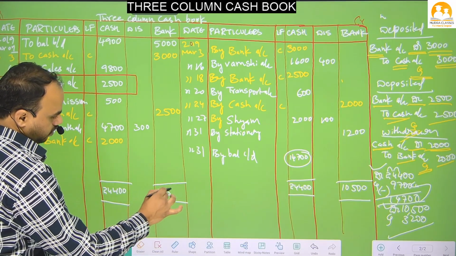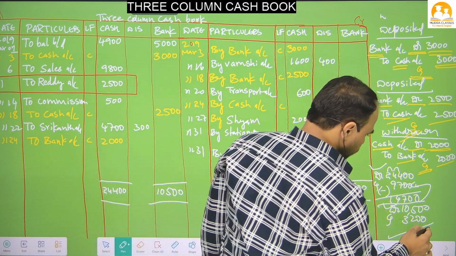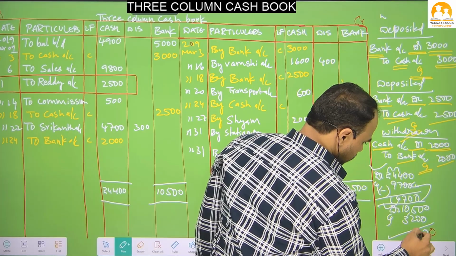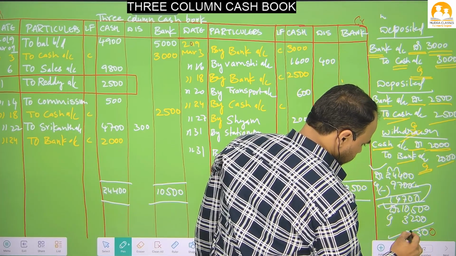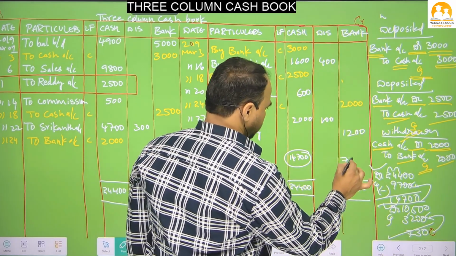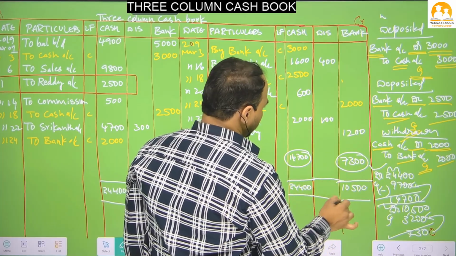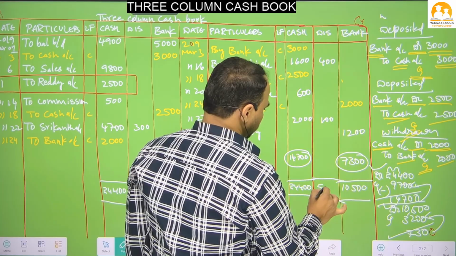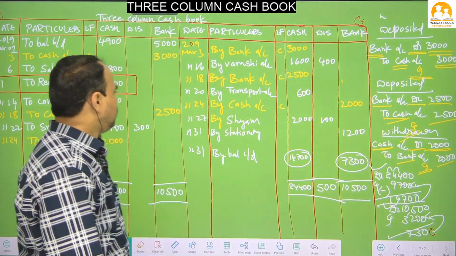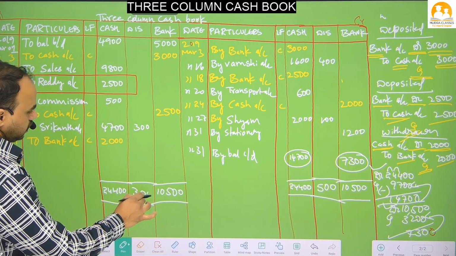Now subtract the small amount from the big amount: 5 minus 2, 3, 7,300 we got. Write it on the credit side because the credit side is the small amount. In previous problems also I told you, discount columns we will just total, we will not balance. So on the debit side we got 300 discount and the credit side is 500.